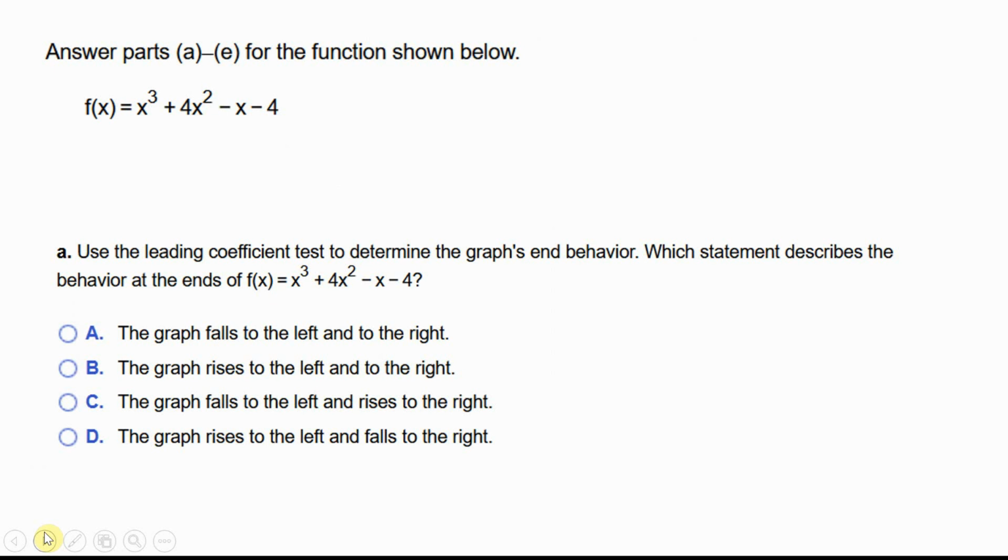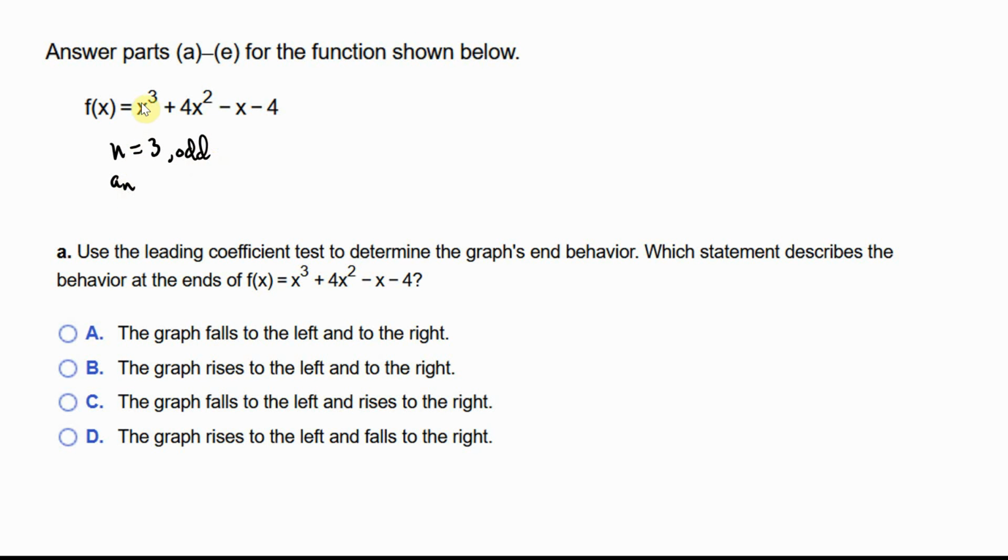Right. So, answer these parts. So first part, given this function, can we determine the end behavior based on the leading coefficient test? So what will we say here about the leading coefficient test? It tells us what about the end behaviors? You see there that n is 3, it's odd.